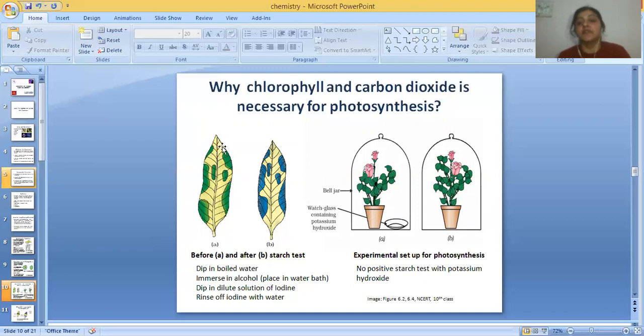all of the starch is consumed and it gets destarched. And then you put the plant into the sunlight for a couple of hours again, and you pluck one of the leaves. You will find some green areas here. Then you subject it to a starch test in which you dip this leaf in boiling water.